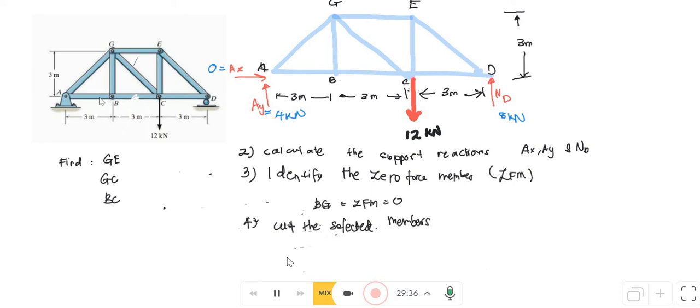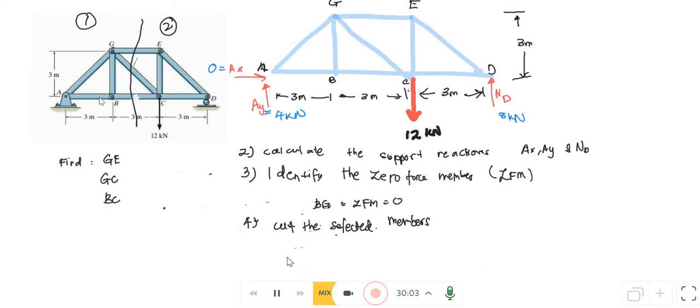So in this case we have GE, GC, BC, and with only one cut we can get the force for GE, GC and also BC. So we have cut the selected member, and we have section 1 and section 2. Again, it's up to you to choose which section.